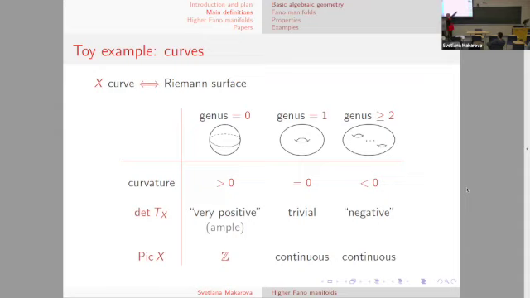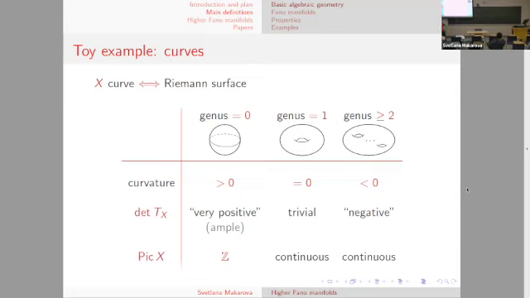The tangent bundle is trivial because, again, in this quotient picture, we know that a rectangle has a trivial tangent bundle, and if we check the gluing conditions on the sides, they will be trivial. And the tangent bundle on a higher genus curve is negative in a sense, or we can also say that its dual is ample.